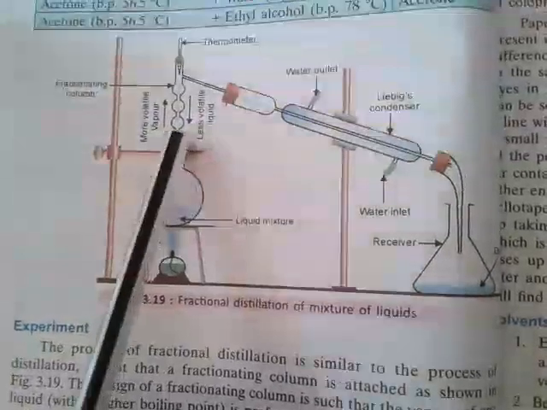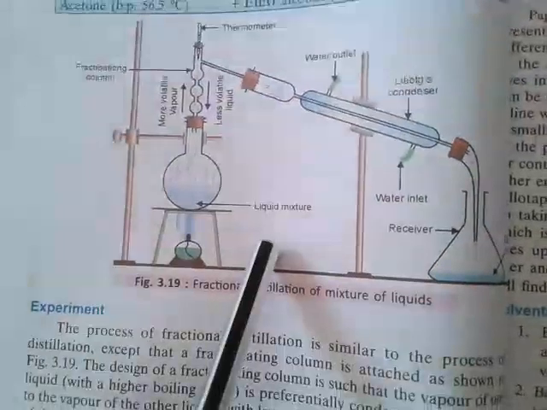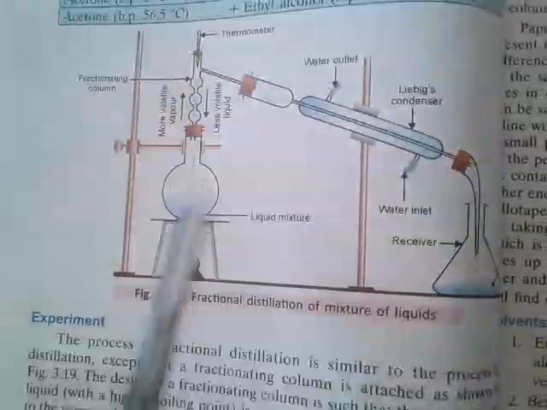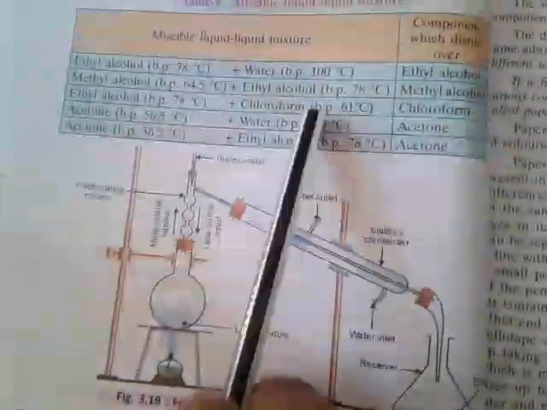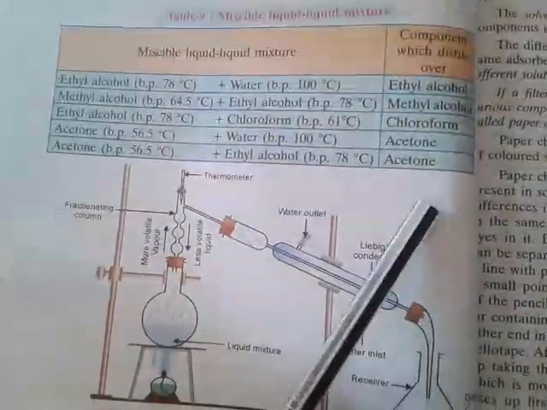Remember, when using this fractionating column, the two liquids should have a boiling point difference of 25 degrees Celsius or more.